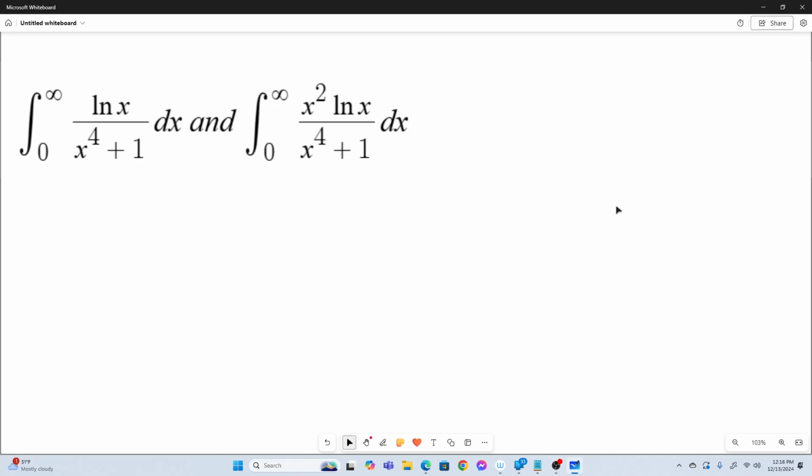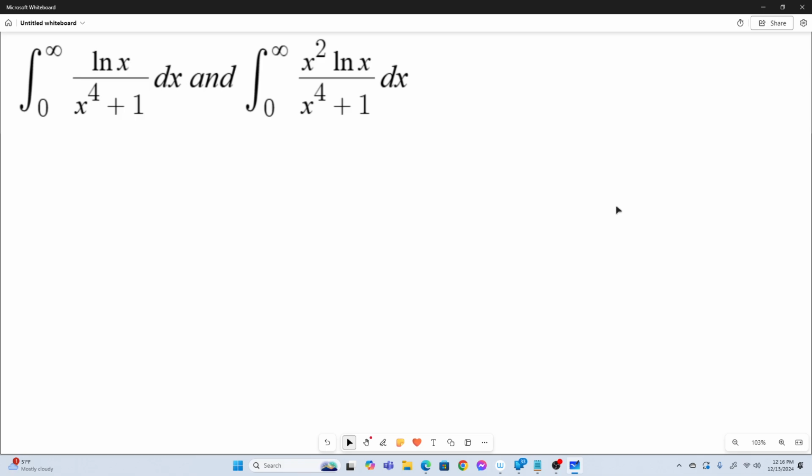All right. So in our previous videos, what we usually like to do is start with some known value, start with some integral that we know, and then try to use some manipulations to transform it into these integrals.